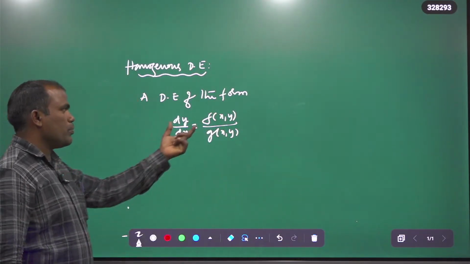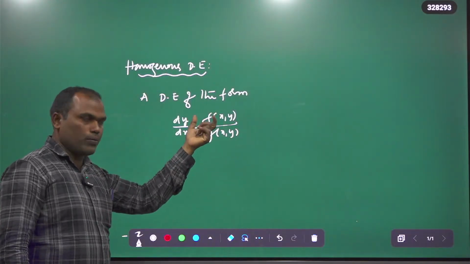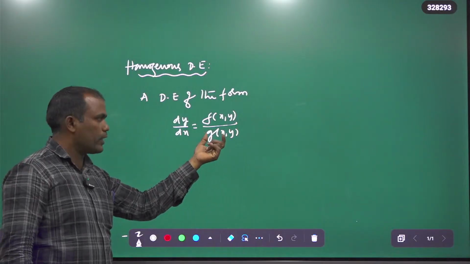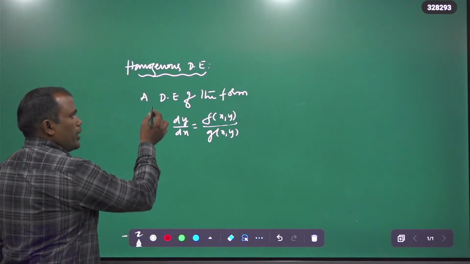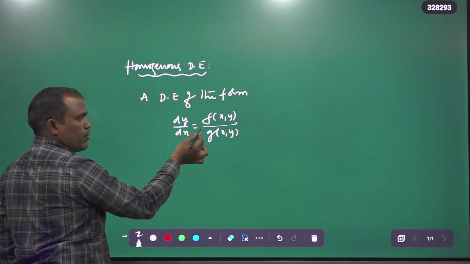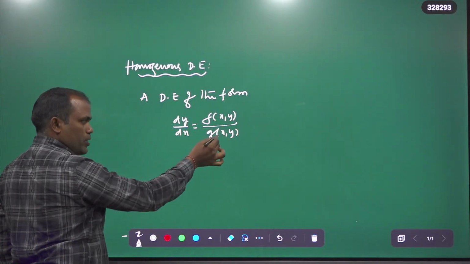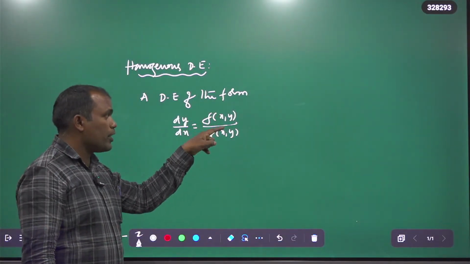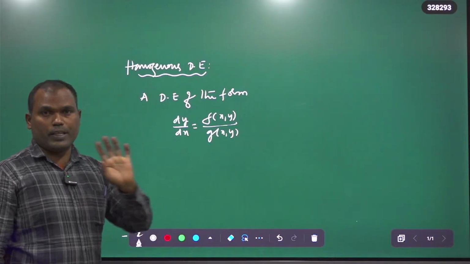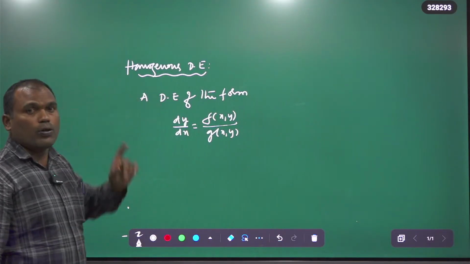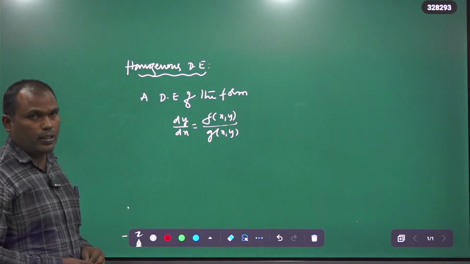In this case the numerator is a function of both x and y, and the denominator also is a function g of x and y. At the same time, the numerator and denominator have the same degree. Then that differential equation is called a homogeneous differential equation.